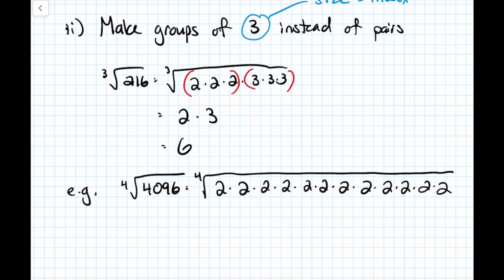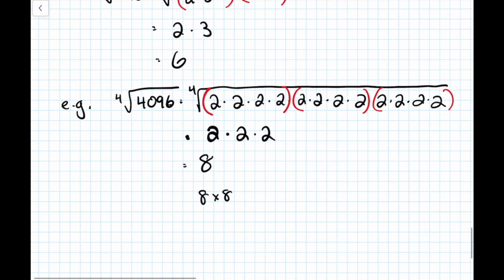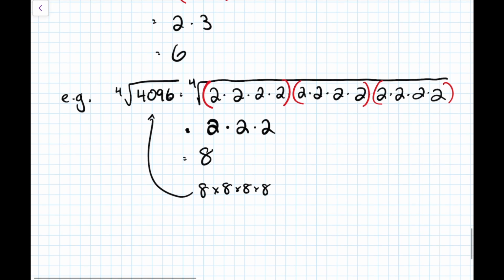Okay, so to do our fourth root, we're going to make groups of 4 instead of groups of 2 or 3. So I can make 3 clean groups of 4, which gets me 3 2's on the outside of my root. And if we do 2 times 2 times 2, we do, of course, get 8. So that is the fourth root of 4096, which basically means if you did 8 times 8 times 8 times 8, that would get you to that 4096.